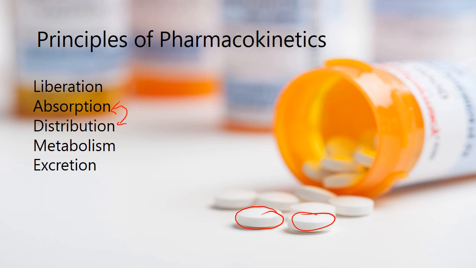Metabolism here, now you might be used to the term metabolism being used in a different context. For example, we think about our body's general metabolic rate, our ability to metabolize energy. However, in pharmacokinetics, we refer to metabolism as our body's ability to actually break down a drug.